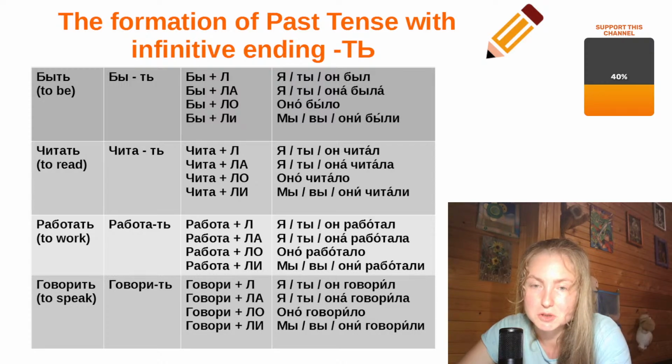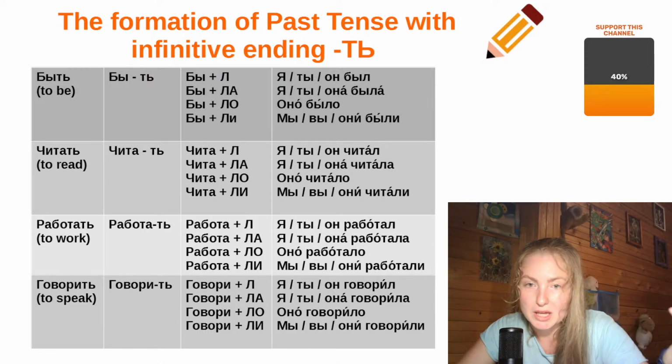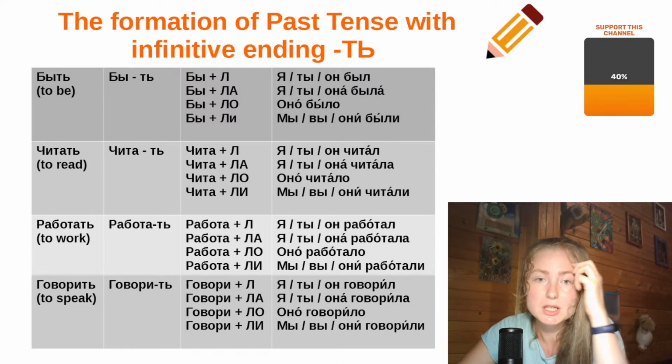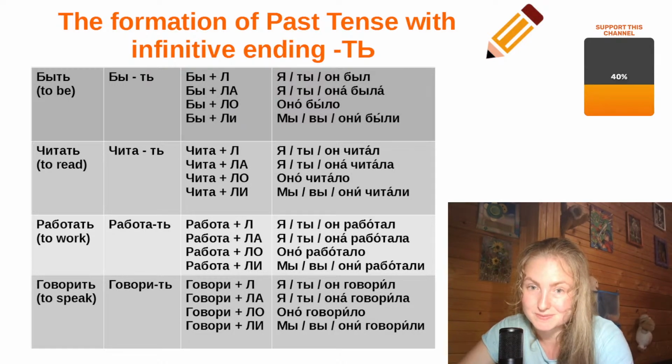Okay, next verb, читать, to read. Again, if we want to produce the past tense, the suffix «т» goes away, we say goodbye to him, and we add our endings «л», «ла», «ло», or «ли», depending on the gender. Not person like in present tense, but according to gender.